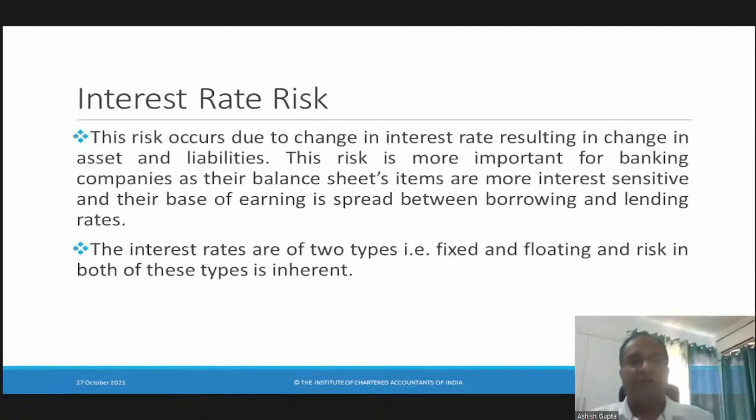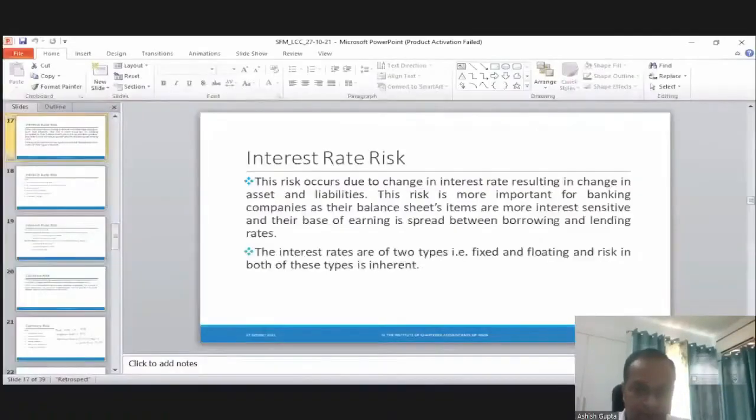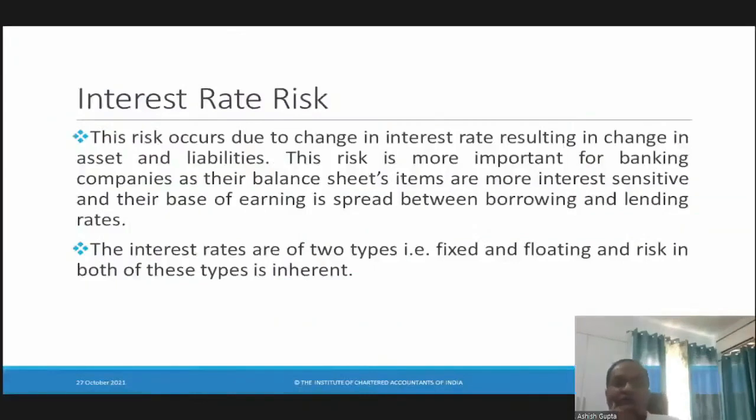Now this is one of the very important risks: interest rate risk. Just read the slide carefully, then I will show you how interest rate is affected. Students, if you see the slide, the risk occurs due to change in interest rate resulting in change in assets and liabilities.